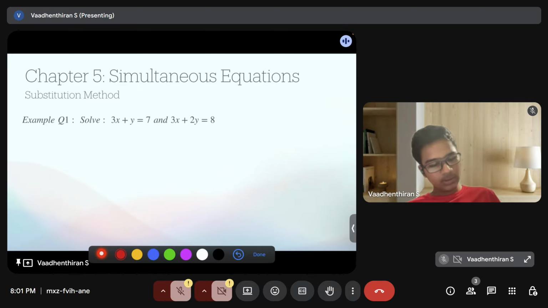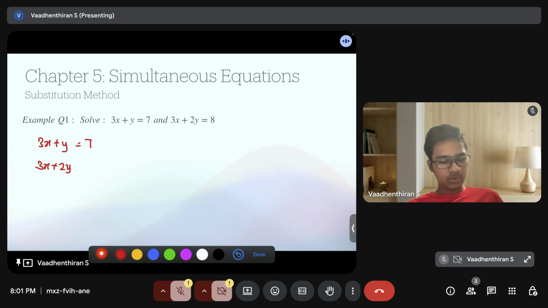So here you have 3x plus y equals 7 and 3x plus 2y equals 8. First thing is to label both. So let's say this is the first equation and this is the second equation.